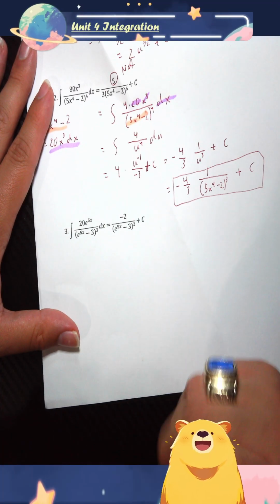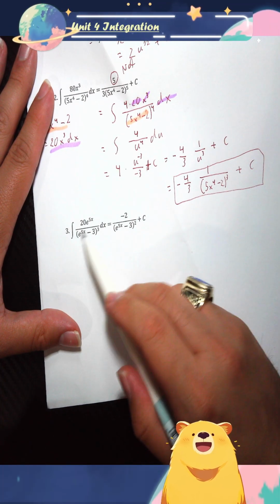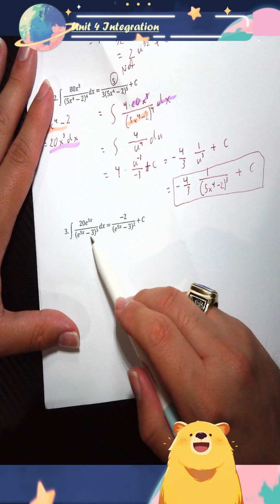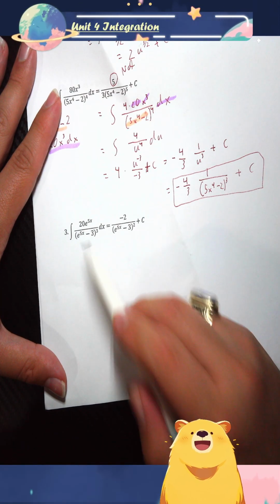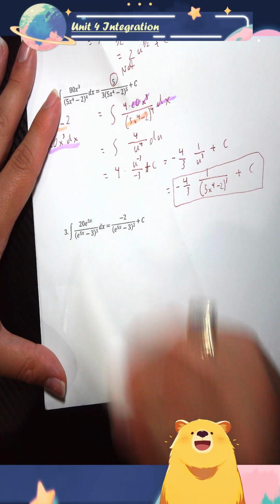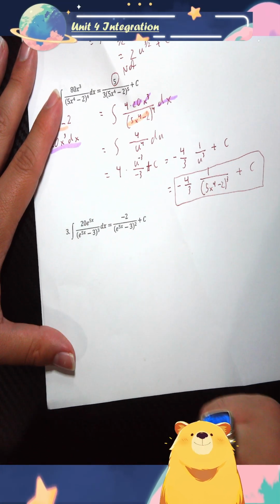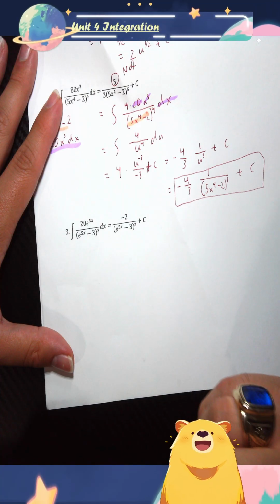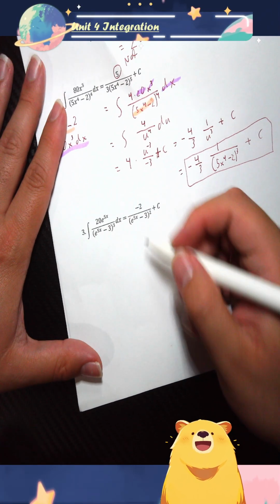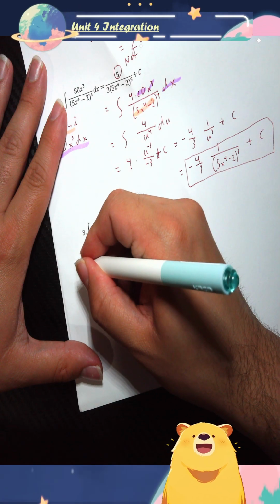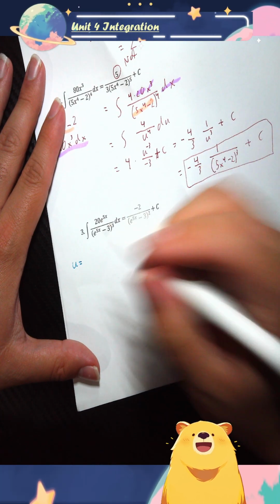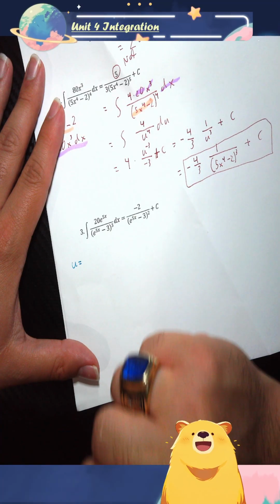Now, if we look here, this would all be a lot easier if this whole thing was just 1 over something, right? So let's manipulate this.